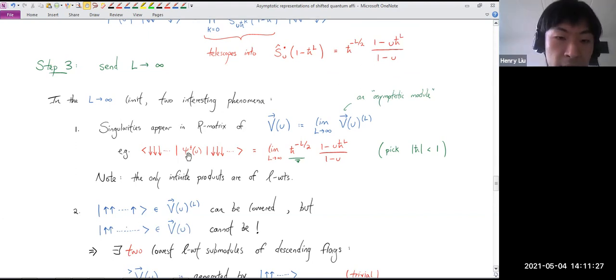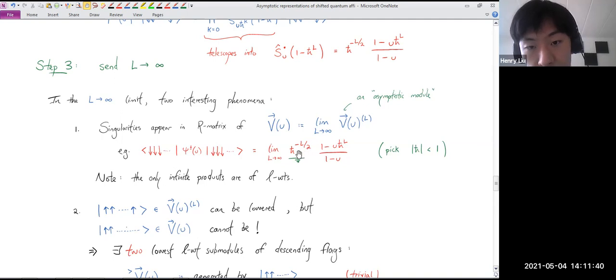Okay, so if you ask yourself, what's the loop weight of the lowest weight vector as L goes off to infinity? So now we have an infinite chain of all pointing down arrows. This loop weight has this prefactor of h bar.